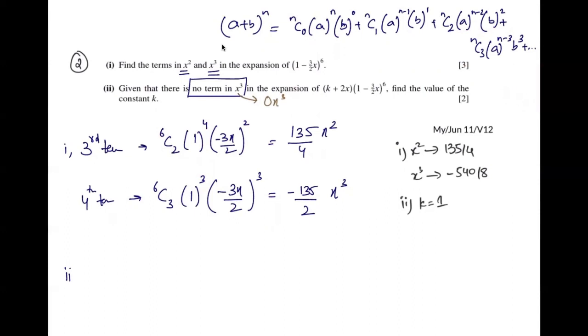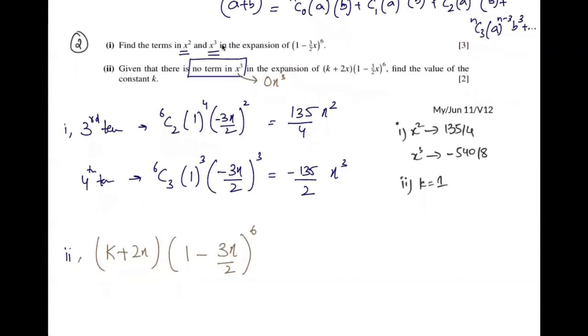The question says that there is no term in x cubed in the expansion of (k plus 2x) times (1 minus 3x upon 2) to the power of 6. This means that when k plus 2x is multiplied by the expansion of (1 minus 3 upon 2 times x) to the power of 6, there is no term in x cubed, or the coefficient of x cubed is 0.